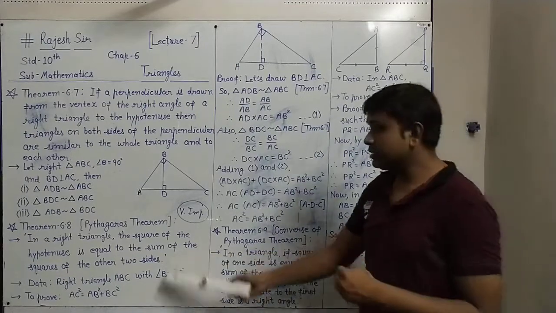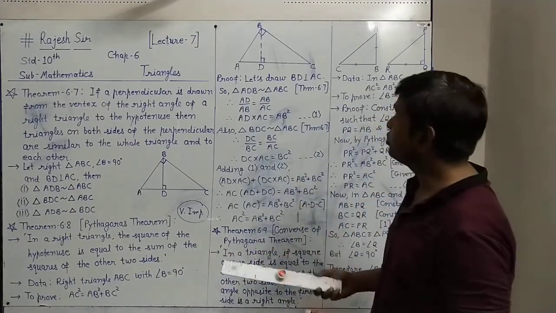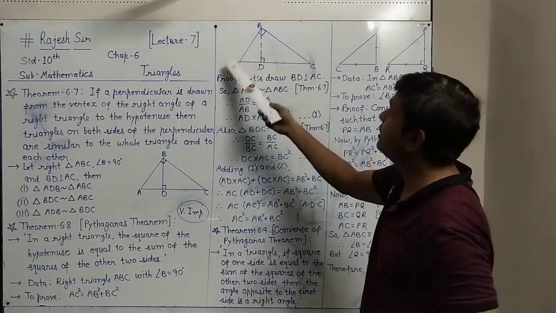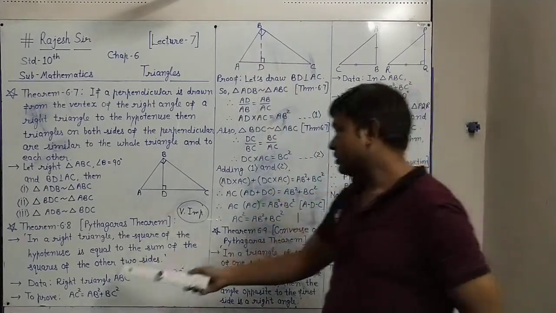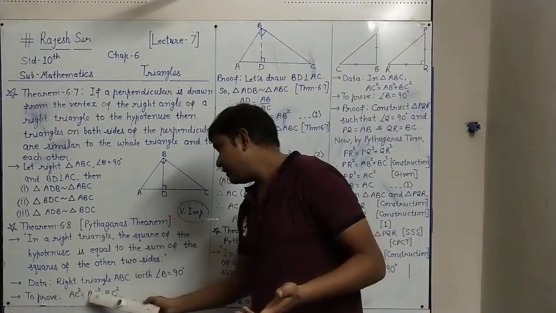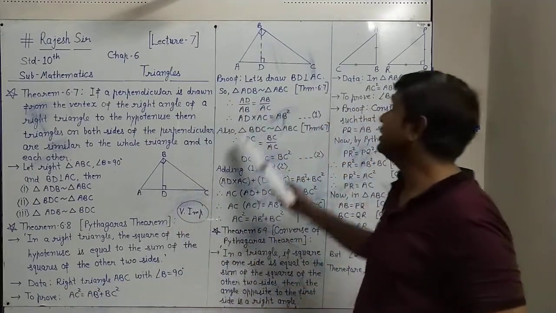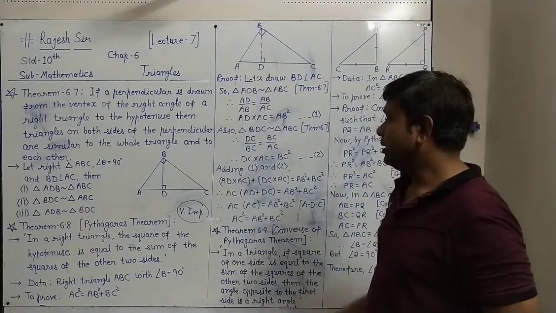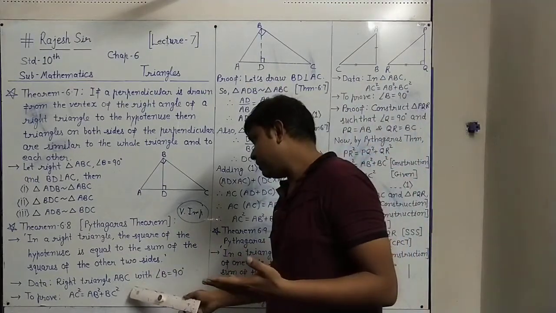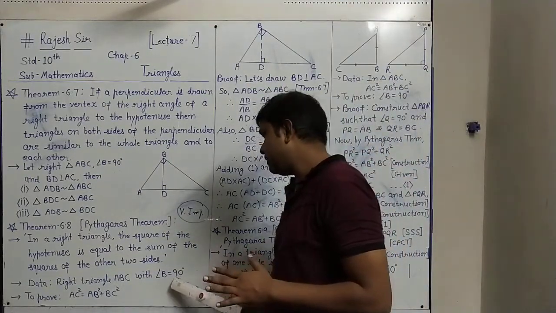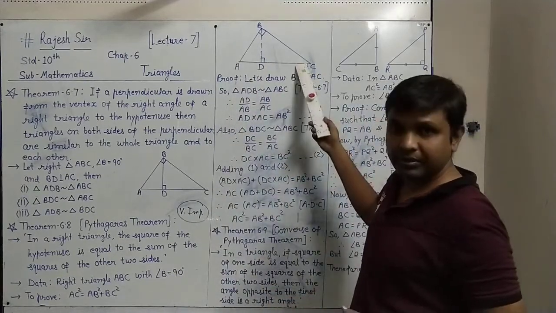To understand the statement and to prove this, we have this right triangle ABC in which angle B is 90 degrees. That is the data we will write: the right triangle ABC with angle B 90 degrees is given. If this is a right triangle and angle B is 90 degrees, the hypotenuse will be AC.